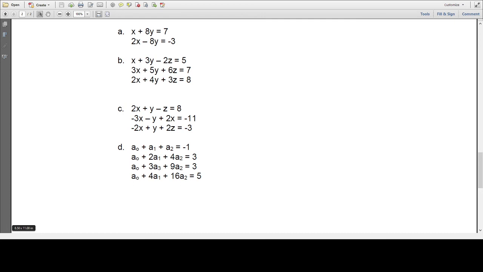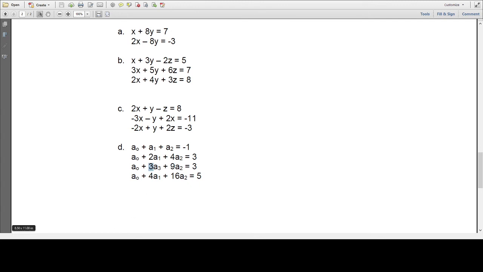A0 has a coefficient of 1. A1 has a coefficient of 0 because there is no A1. A2 has a coefficient of 9. And A3 has a coefficient of 3 right here, right? So my coefficients are going to be 1, 0, 9, 3 for the third equation.